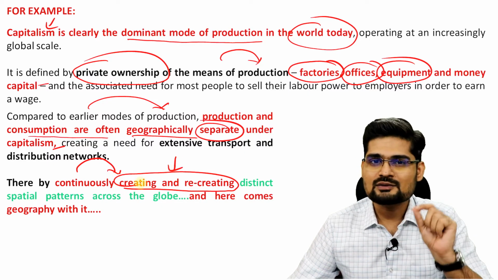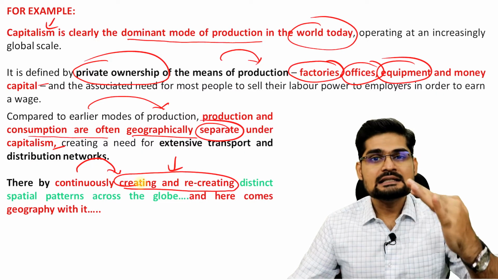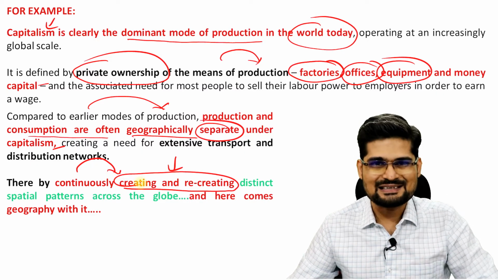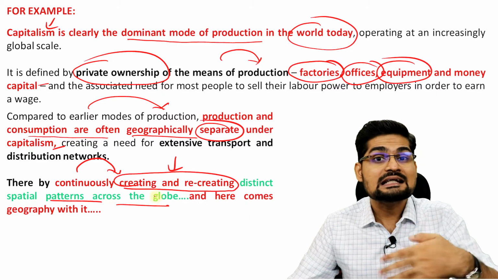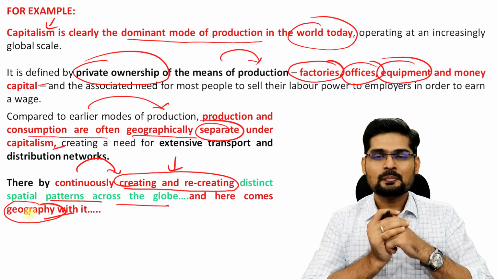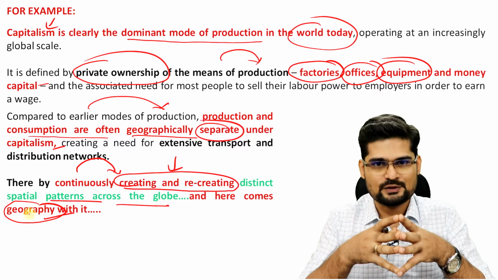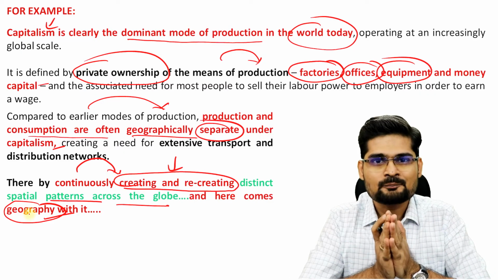Why are we looking into this example of capitalism? Because it continuously creates and recreates the definitions of spaces, right? It creates distinct spatial patterns across the globe, isn't it? And here comes geography with it, right? Because of this particular mode of production, using various factors of production, what is being done?